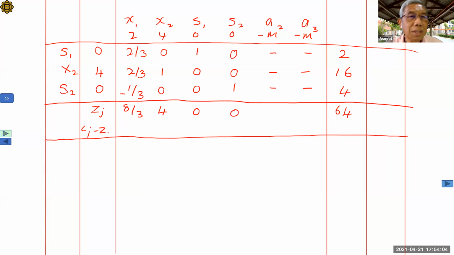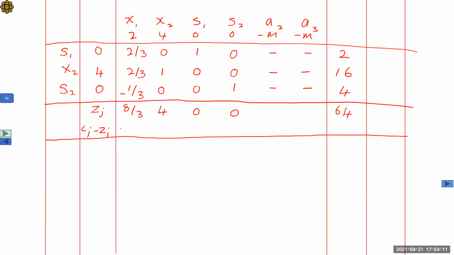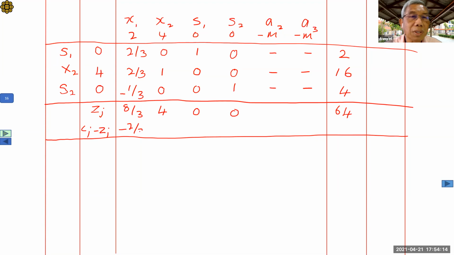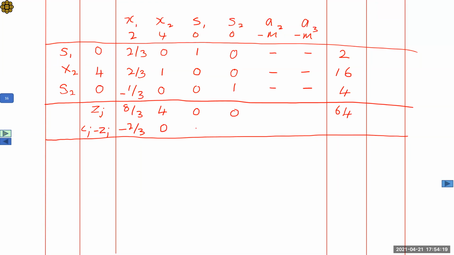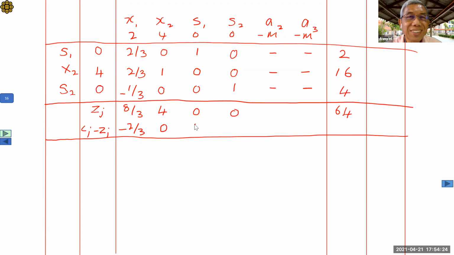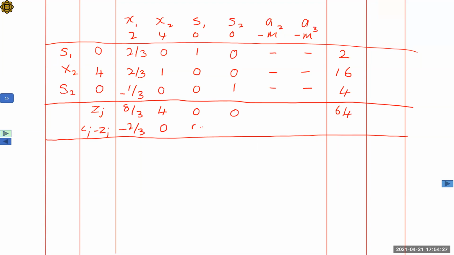CJ minus ZJ. 2 minus 8/3, negative 2/3. 4 minus 4, 0. 0 minus 0, 0. 0, 0. What does this mean? Optimal. We have reached optimal conditions.